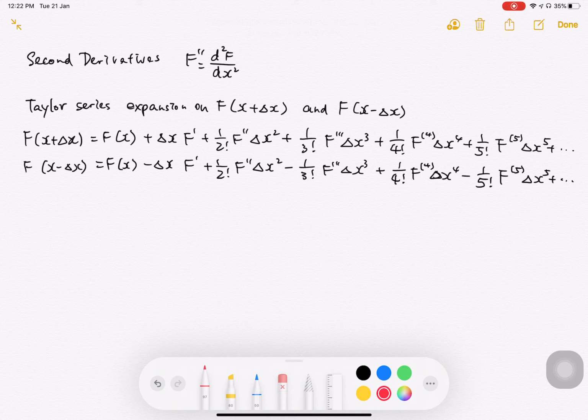Okay, so if we add them up, we will have a few terms left, these.